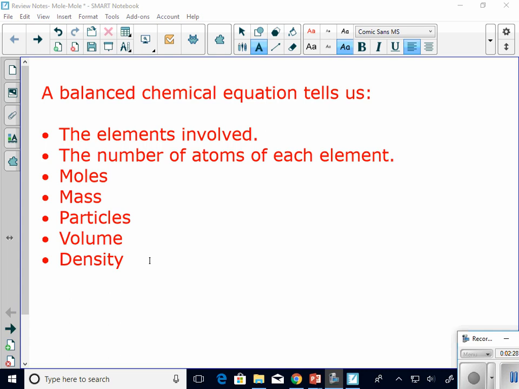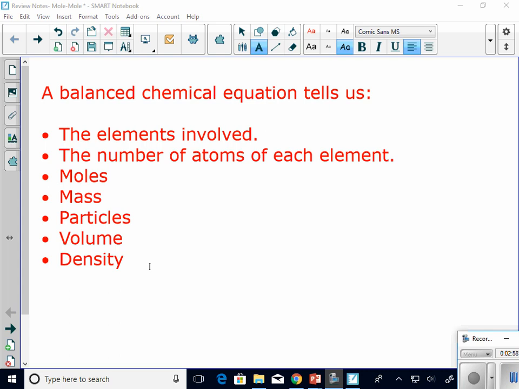If we can get the molar mass, and we have a gas at STP, we can get the molar volume, then we can get mass over volume being the molar density. So, a balanced chemical equation, whether you've thought of it this way or not, will tell us all of these things. How many are they? 7 things we can read from a balanced chemical equation.